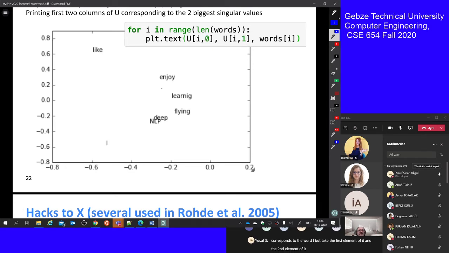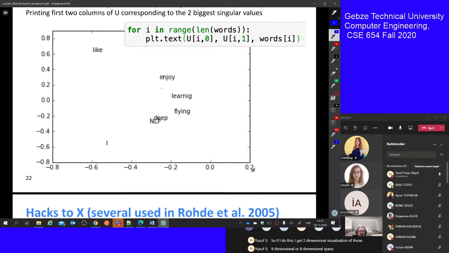That's going to be the X and Y positions in a graph, and the label for that one is going to be word i. So if I do this, I get a two-dimensional visualization of this 9-dimensional or 8-dimensional space.